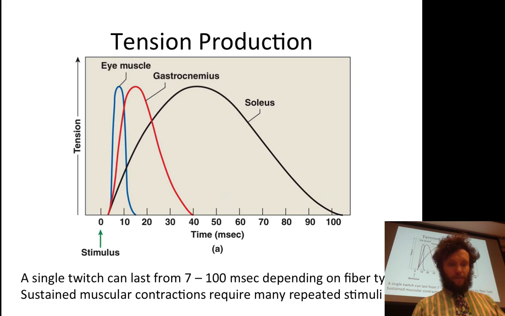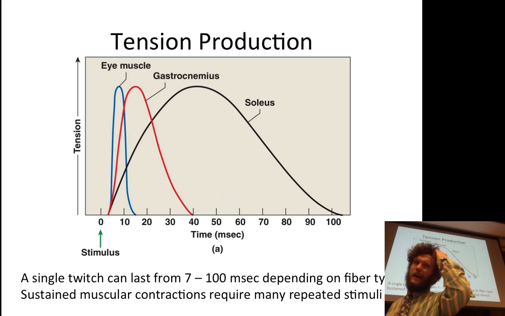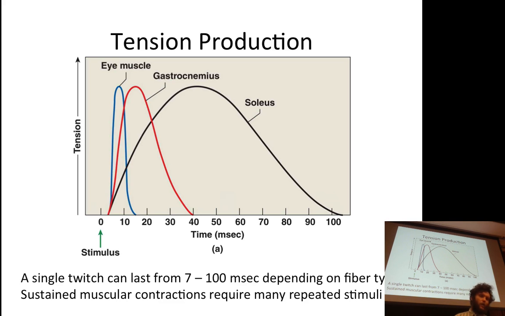Okay, so the time course of any of this tension production can depend upon the type of muscle fiber. There are fast, intermediate, and slow muscle fibers. You may think to yourself, well, why are they all just fast? Well, slow muscle fibers have advantages in terms of their ability to be aerobic. A slow muscle fiber has different metabolism, tuned a little bit differently so that it can remain in the aerobic region much longer than a fast muscle fiber can.